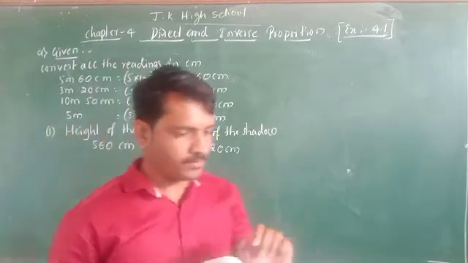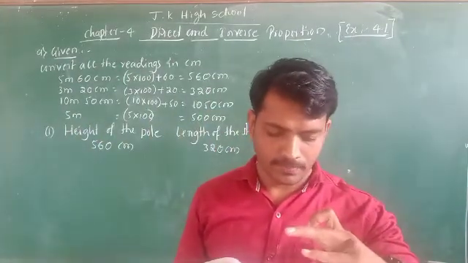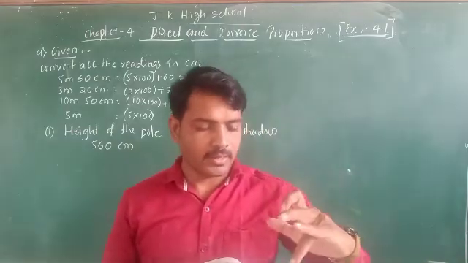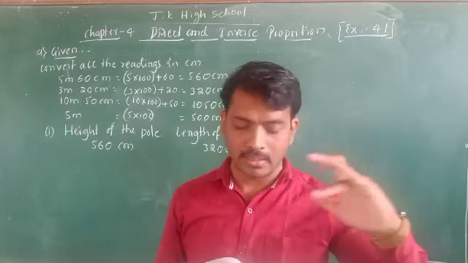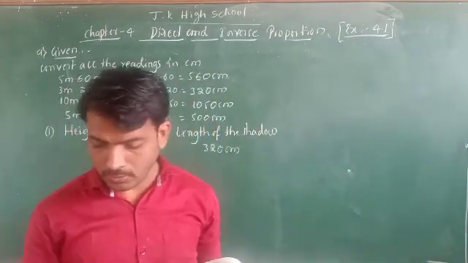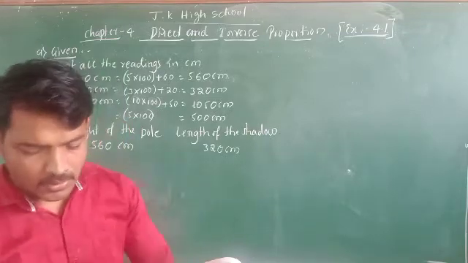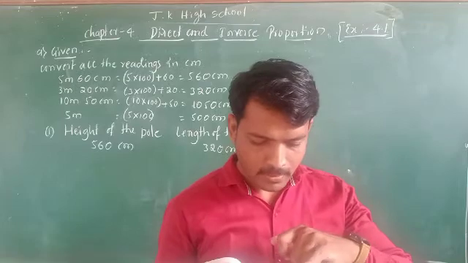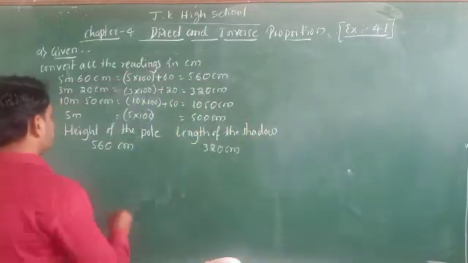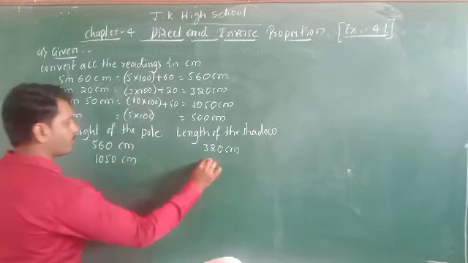Okay. So next, question number 1: length of the shadow cast by another pole of 10 meter 50 centimeter height. The length of the shadow we should find. So what to do? 1050 is the height of the pole.